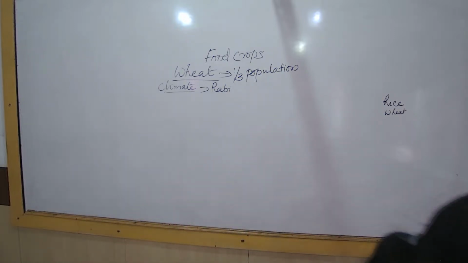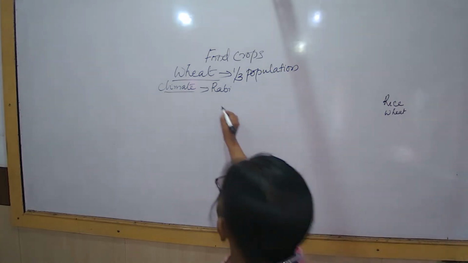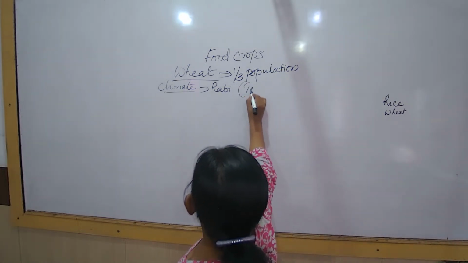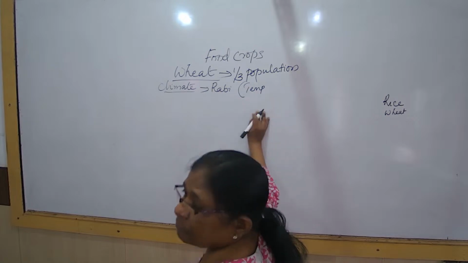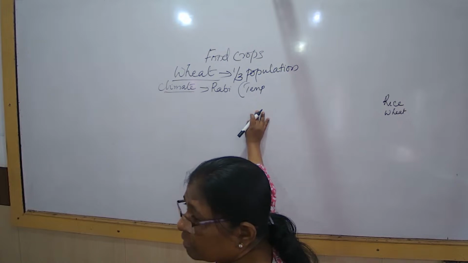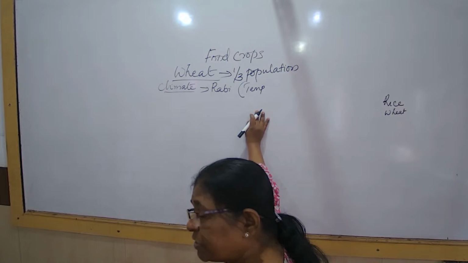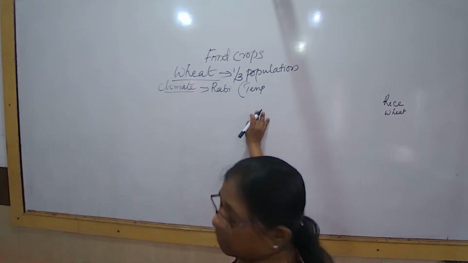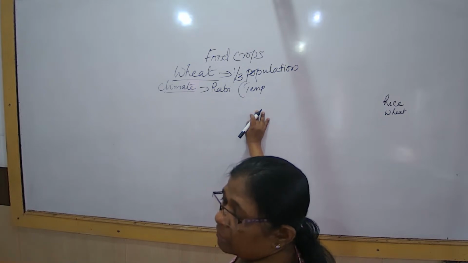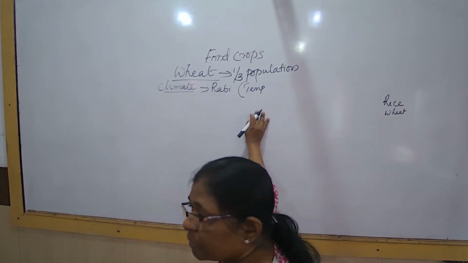Now, what type of climatic conditions require temperature 10 to 15? What is the need for this classification? Like Rabi. See, which season it is growing, you should know, no? In the rainy season, this crop cannot be grown.